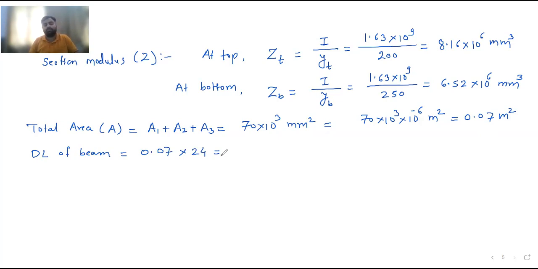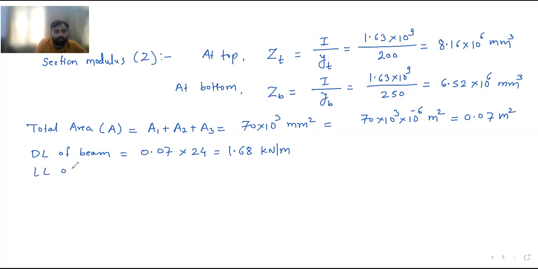What is the answer? 1.68 kilonewton per meter. This is the dead load of the beam.